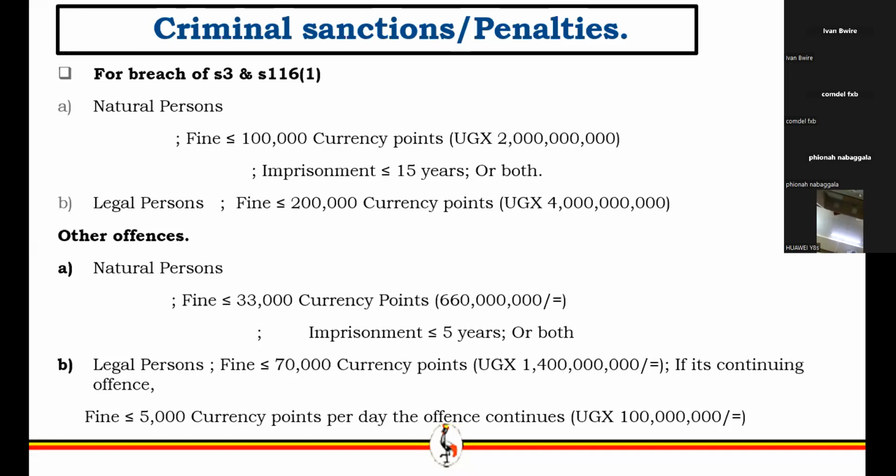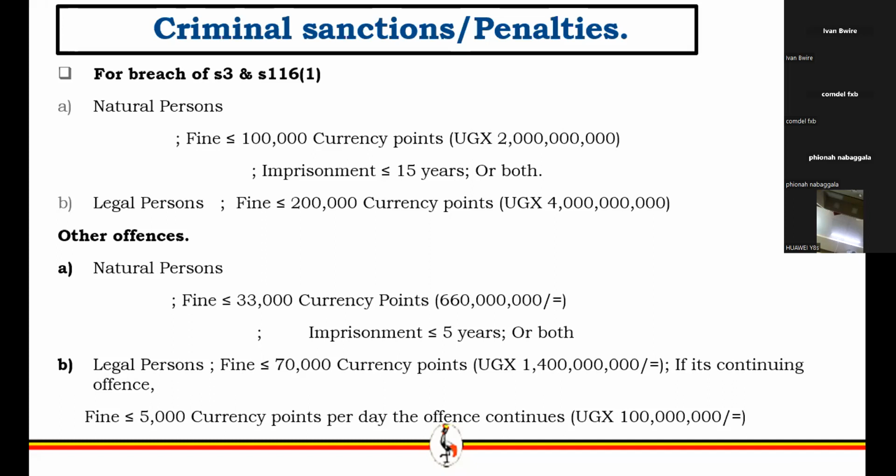For breach of section 3 and section 111 or 116, section 3 is on prohibition of money laundering, which mainly discusses what encompasses money laundering. In the event that one converts or transports or transmits property knowing or suspecting that such property is proceeds of crime, then you have committed the offense of money laundering.